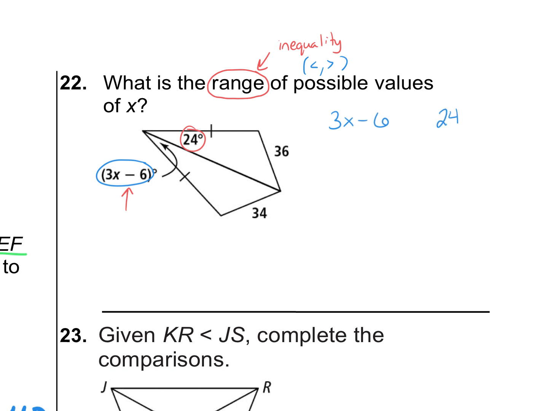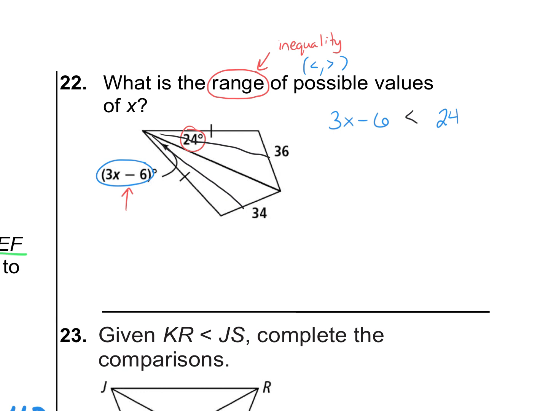How do I figure out what the inequality is? It's based off of the sides that they're across from. So is 3x minus 6 less than or greater than 24? Less than because it's across from the shorter side. Once you have it set up, all you have to do is solve from here.